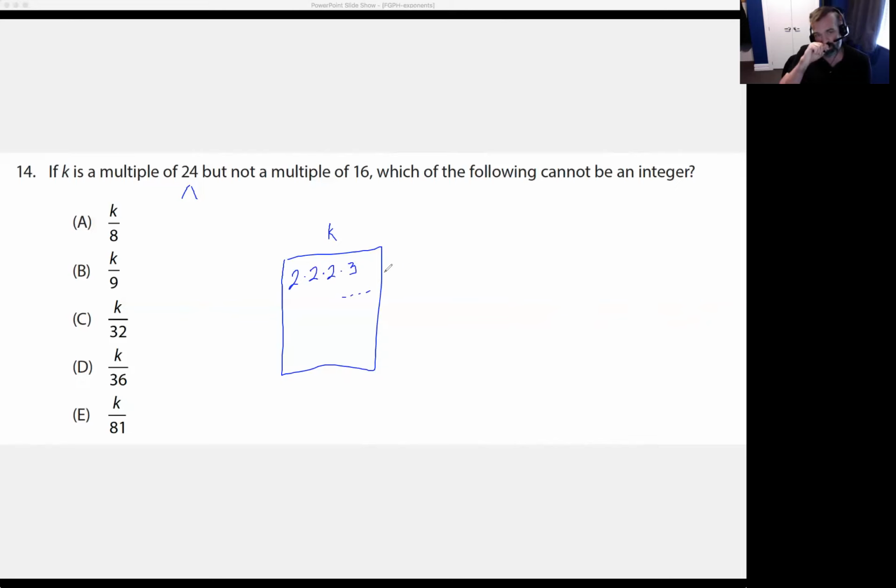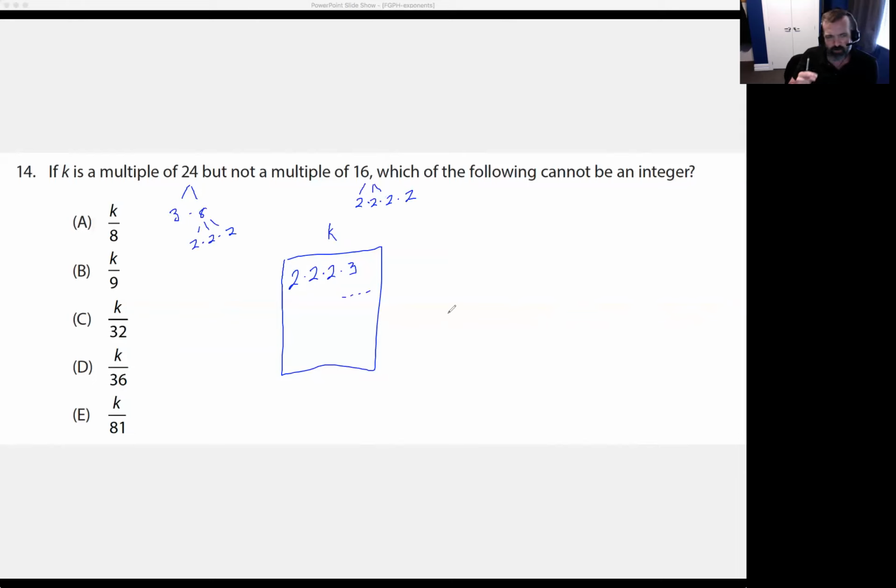So I know it's got 3 2s and 1 3. But it is not a multiple of 16. Well, if it were, what are the ingredients of 16? So there's a weird little restriction. So 16 is made of 4 2s.